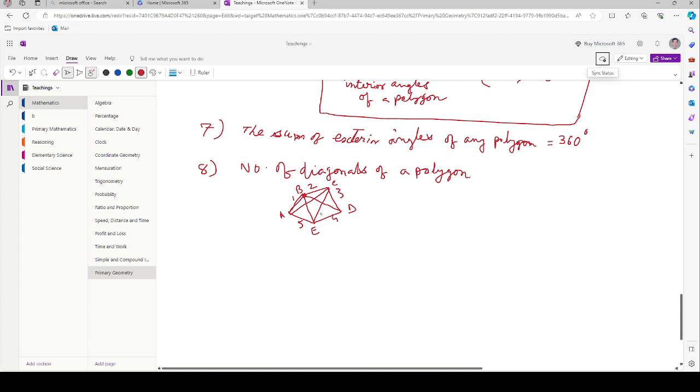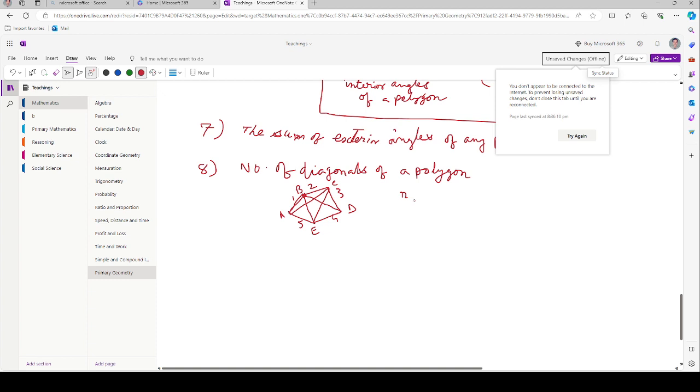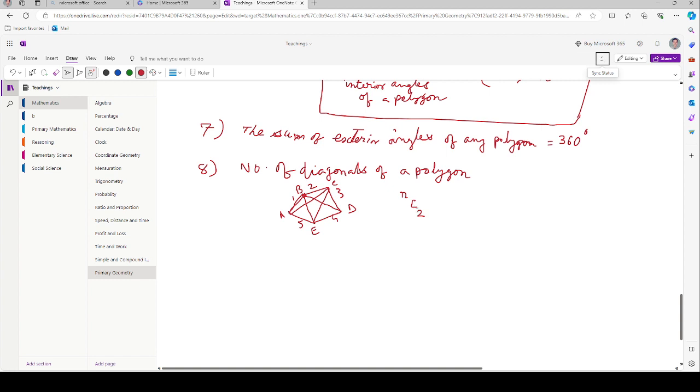Now I'll discuss how we find the number of diagonals of a polygon. It is very easy. From n vertices, we have to take any 2 vertices. The combination is nC2.